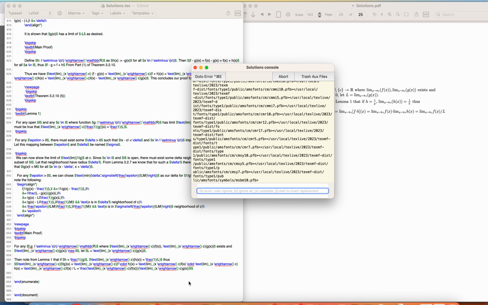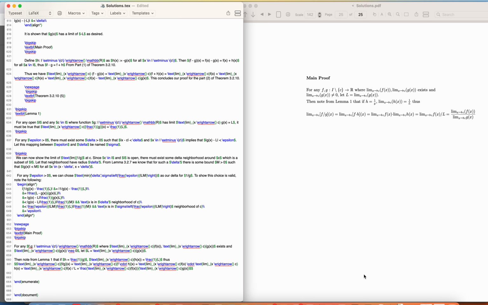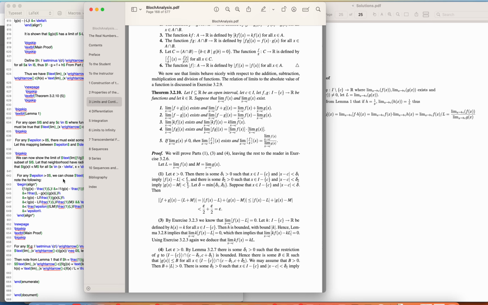Yeah, I somehow don't think this was the best way to write the proof, but it gets the job done, so I'm not going to complain excessively about it.